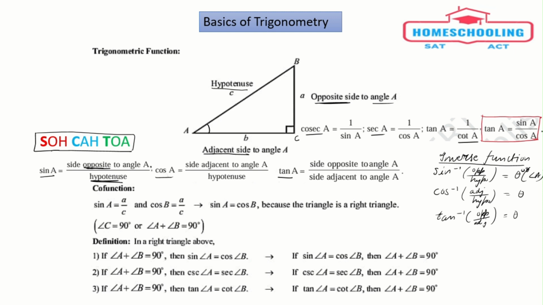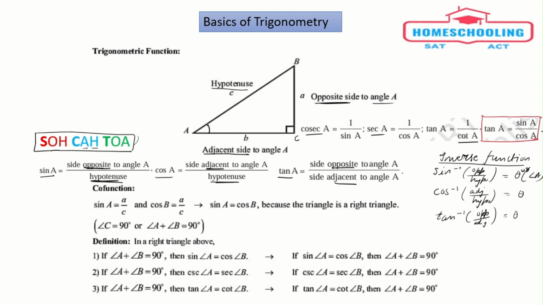Now for cos, "Ka": A stands for adjacent and H stands for hypotenuse. So adjacent by hypotenuse. So cos A would be adjacent, that is AC, and hypotenuse is AB. Similarly for tan, "TOA": T would be tan, O would be opposite, and A would be adjacent.